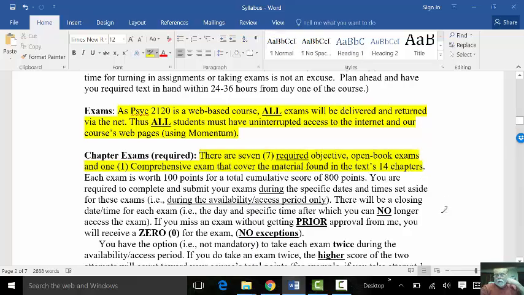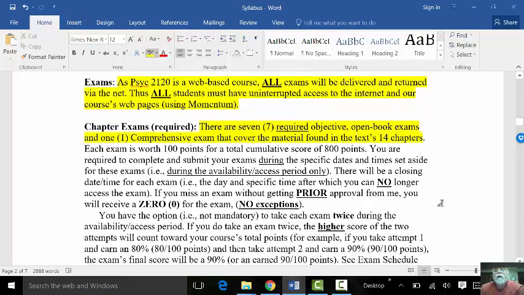So we have a grand total of 8 exams, and their accessibility dates and times are noted in our events schedule, which is also found in our Getting Started link under materials for our course.